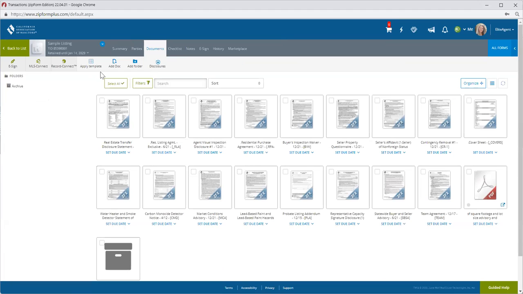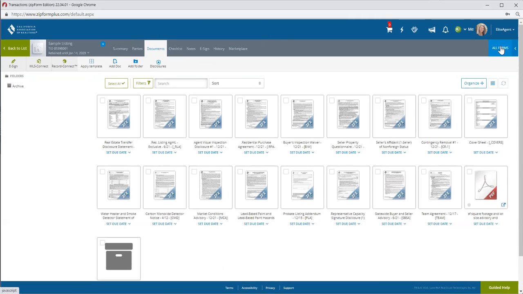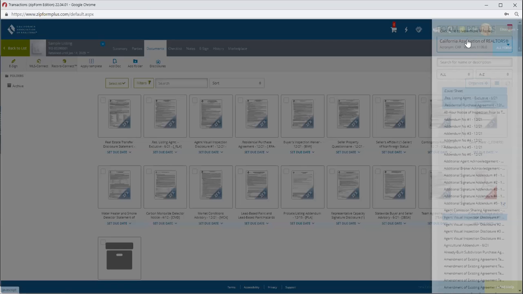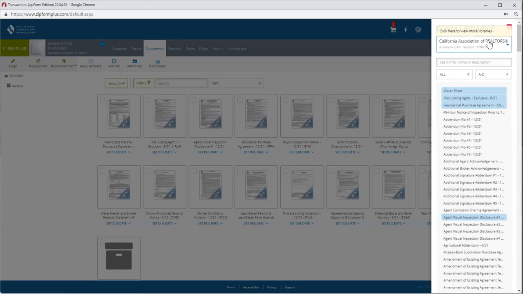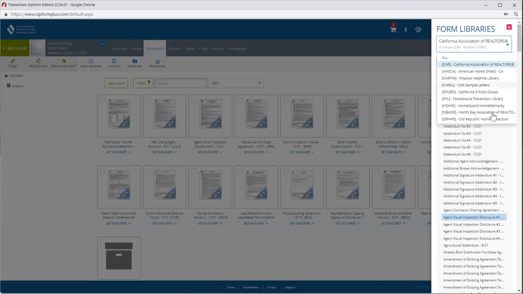So can you guys see this? This is a sample transaction. Right up here on the top right where it says all forms, when you click on that, where it says California Association of Realtors, that's what he's talking about. You can click on that and it drops down to the North Bay Association of Realtors. If you're in a different association, it'll show a different one here as well.